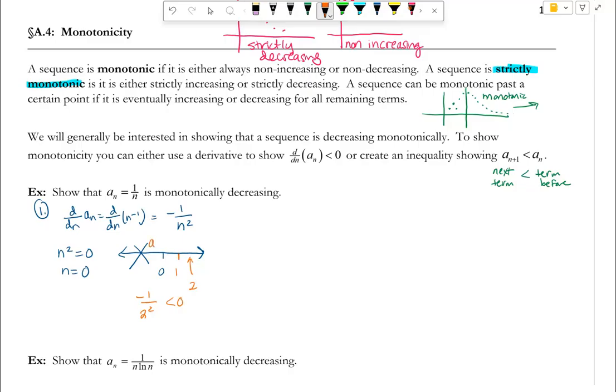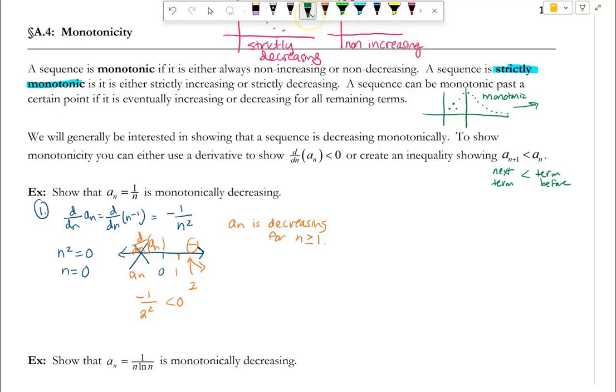So I know that the derivative of my sequence is always negative over here, which means my sequence is always decreasing. So we know that a sub n is decreasing for all n greater than or equal to 1. So again, we could prove that using the derivative.